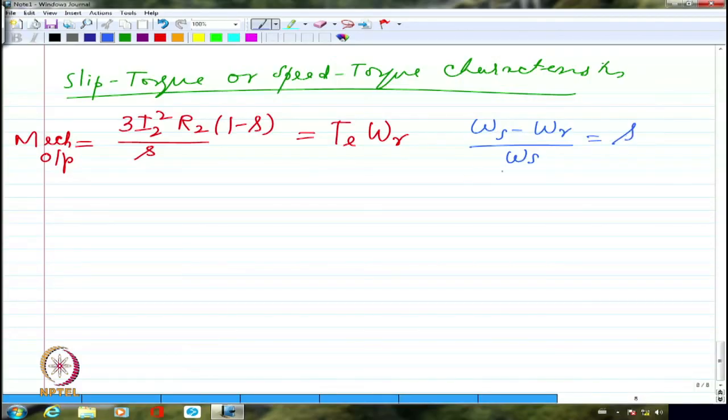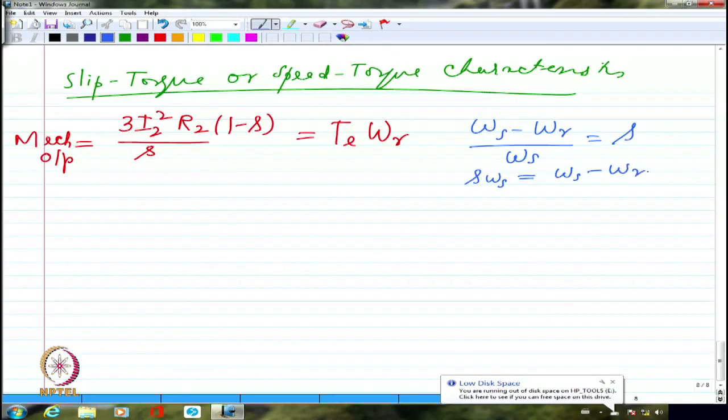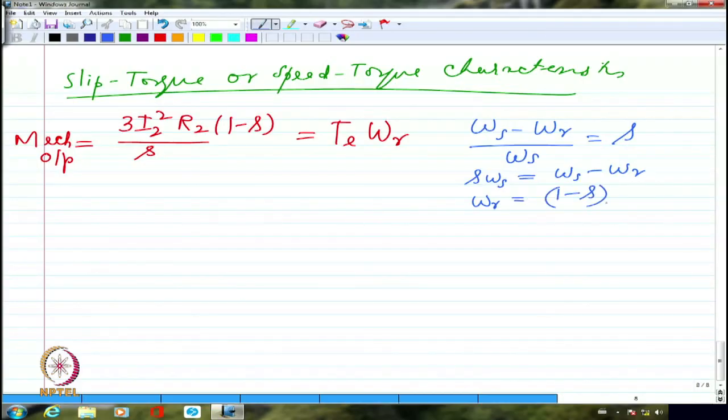So I can always write S times omega S equal to omega S minus omega R, which means omega R equal to (1 minus S) times omega S. Let me substitute this omega R here.